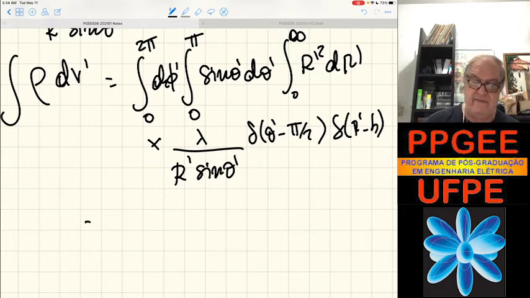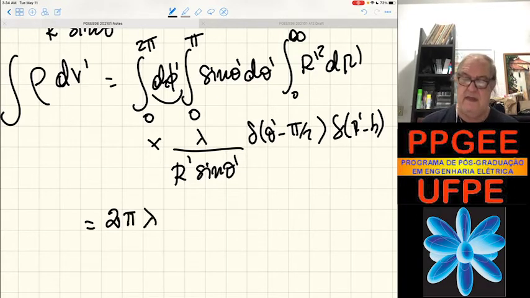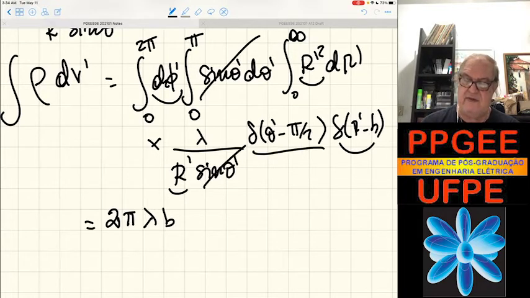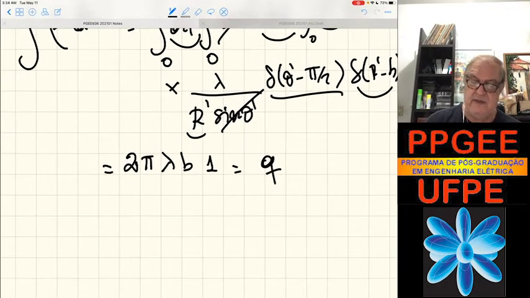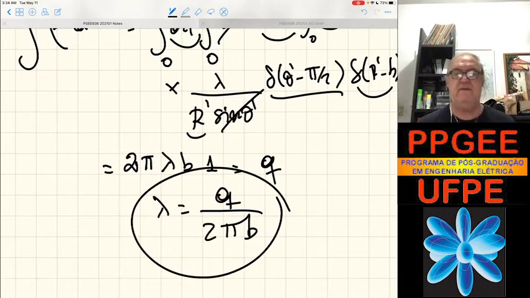So here we're going to have 2 pi lambda r squared divided by r equals to r. The delta function is going to be at r equals b, so it's going to be b here, right? Sine theta cancels. So the integral of the delta function on the theta domain is going to be 1. So that's it. It goes to the charge of the charged line. So the density is Q divided by the perimeter. It's correct, right? So that's how we write the density.